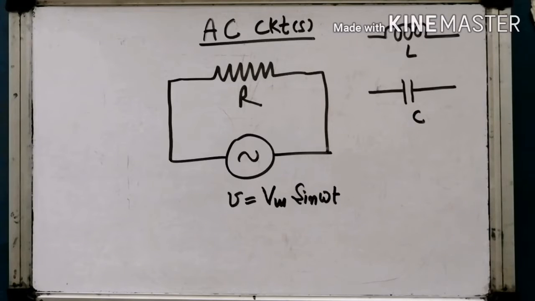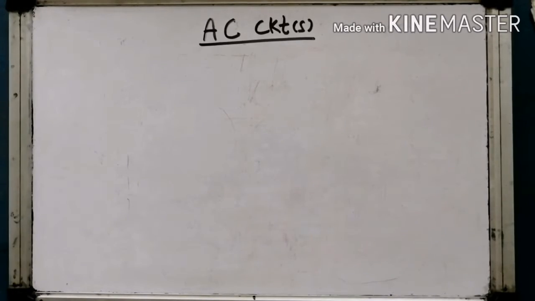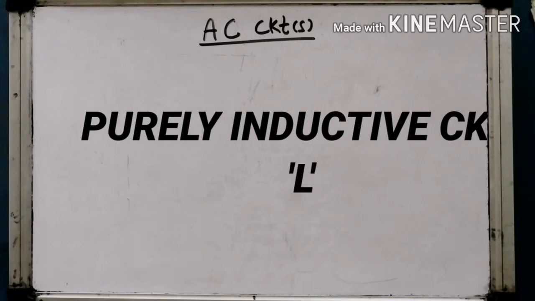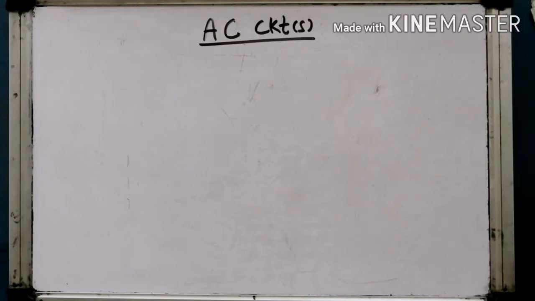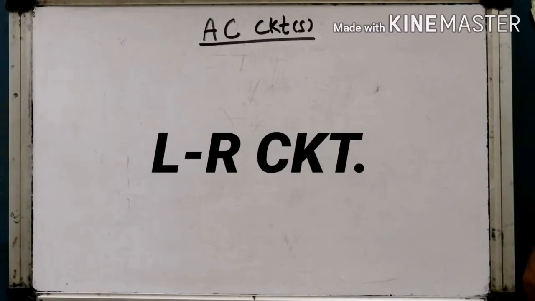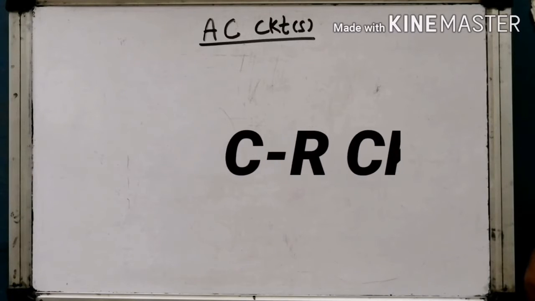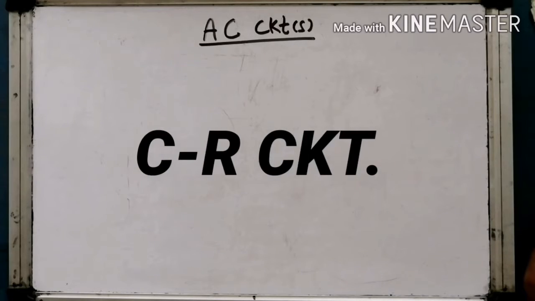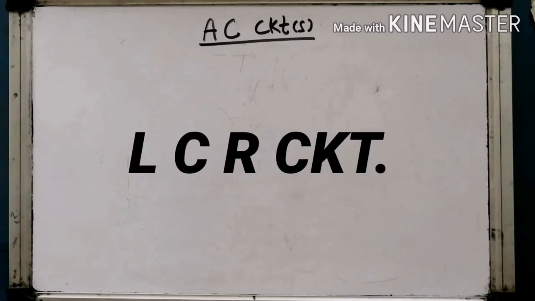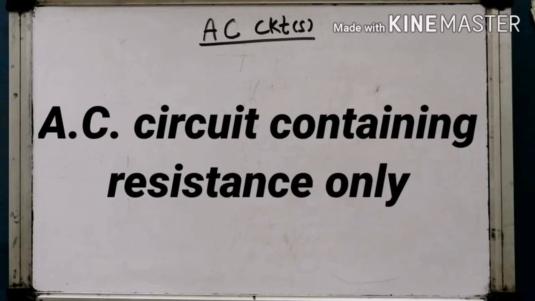See different types of AC circuits: purely resistive circuit, purely inductive circuit, purely capacitive circuit, combination of L and R, combination of C and R, and combination of LCR. Now see the first one, that is, AC circuit containing resistance only.